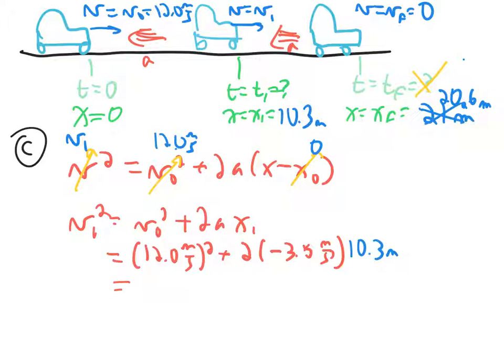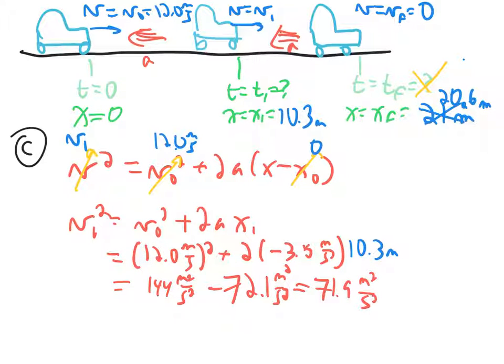And we throw that into our calculator. We get 144 meters squared per second squared minus 72.1 meters squared per second squared. Again, checking our units here, meters per second squared times meters is meters squared per second squared, so we're still okay. That difference is 71.9 meters squared per second squared.